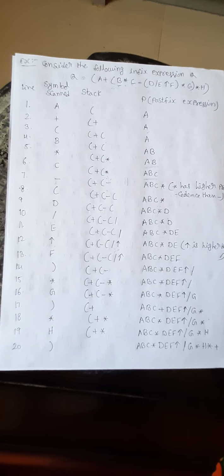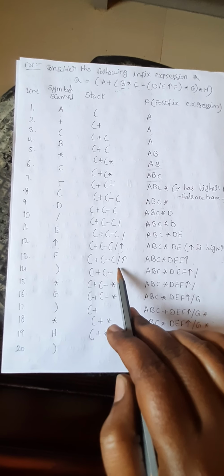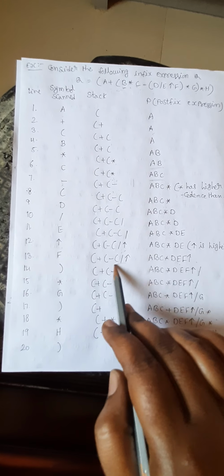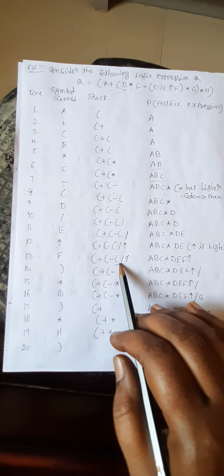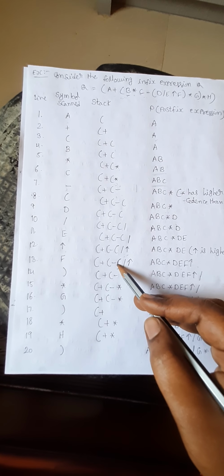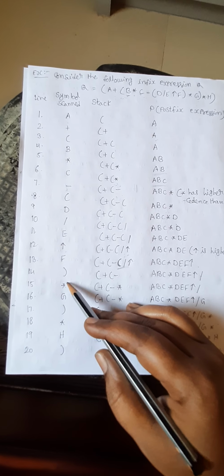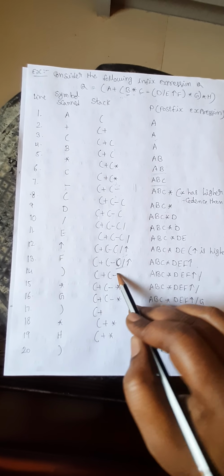In this postfix expression the exponent will be added, and after that we are closing the bracket, so a right parenthesis has been encountered. The left parenthesis will be removed here. Why? Because we have scanned the left parenthesis, and for that the right parenthesis is encountered, so it will be popped.